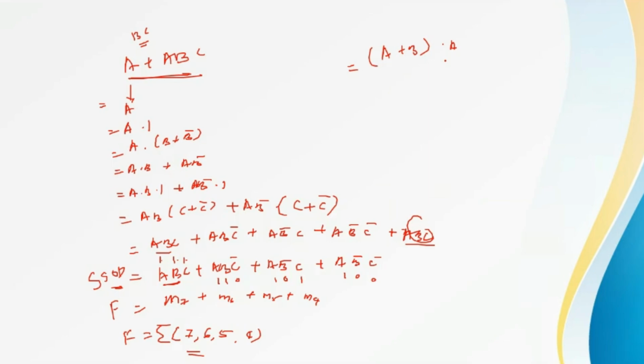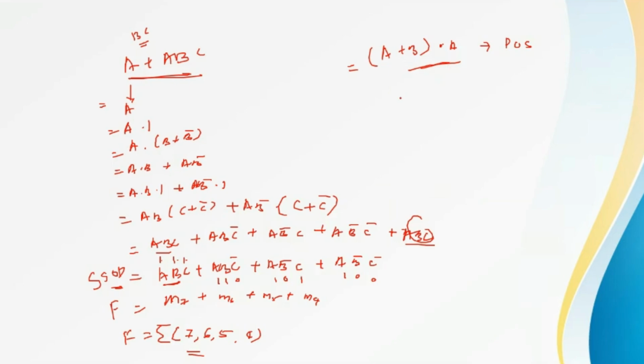Yes. In that second step, second part, we are making it as A plus 0. This is POS, right? This is POS, so we have to check what we are doing. This is a sum of products, so here it is product.